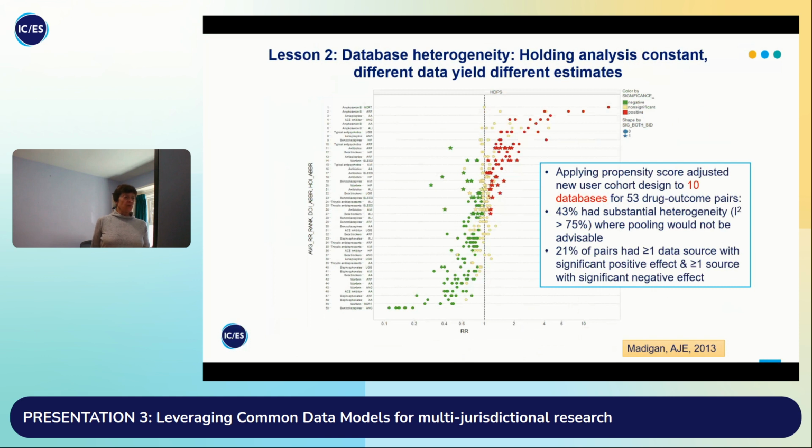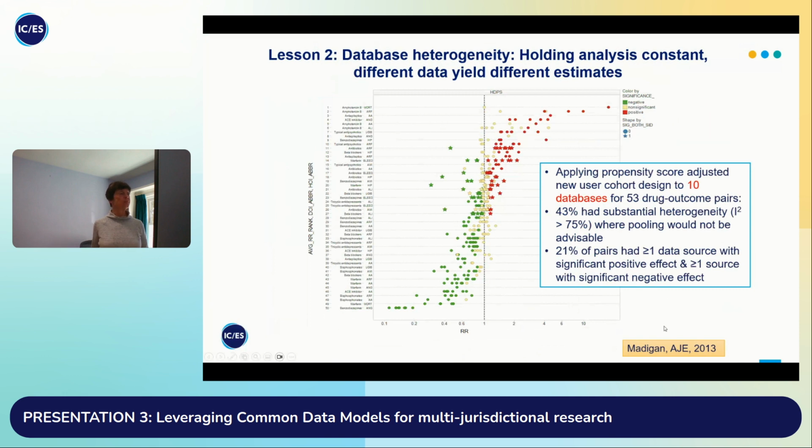So interestingly, there is so much heterogeneity across data sets that statistically we would not even be able to validly pool these data. In addition, 20% of the time, different data sets had one positive effect and one negative effect for exactly the same treatment pair.